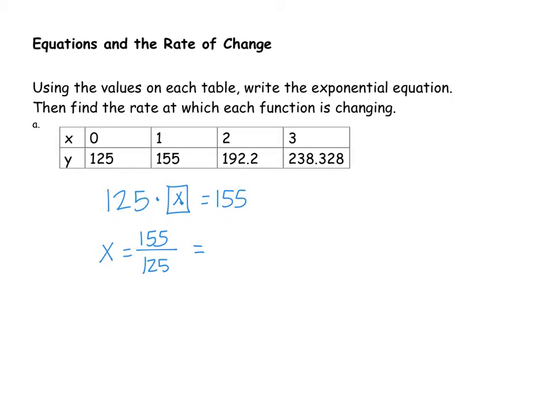I take 155 divided by 125, and I get 1.24. Well, let's see if that works. I take 155 times 1.24, and I should get 192.2, and I do. So the rate is going to be 1.24. So it increases by 24%. So that's how we find our rate.